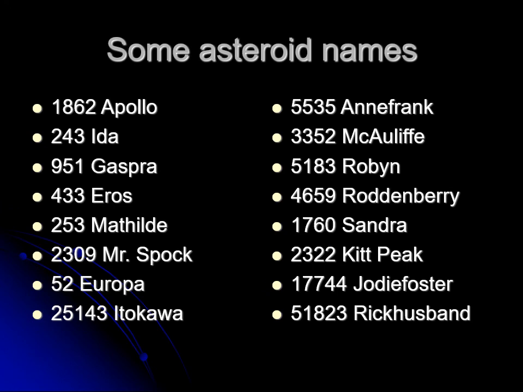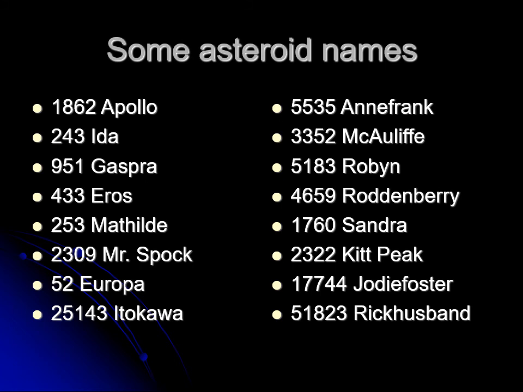Some of the asteroid names that are out there: we have 1862 Apollo. That does not mean it was discovered in 1862. That means it's the 1,862nd asteroid. We have Gaspra, Ida, and Eros, and Europa. Those are historical figures. Itokawa, asteroid 25143 Itokawa, is named after a Japanese astronomer.